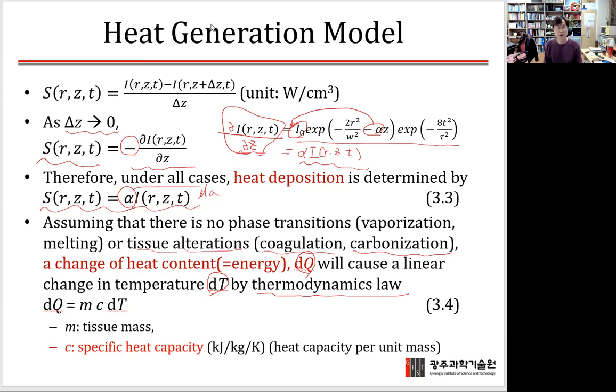So dQ, the heat content change, depends on the mass of the tissue, and C here is the specific heat capacity, and then dT.